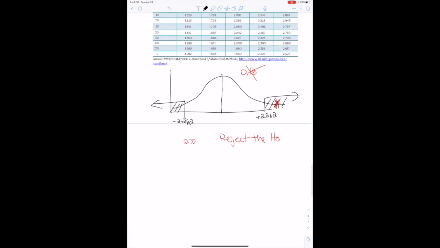Well, what we concluded, y'all, was that our score falls here, that we reject the null hypothesis. What that means is we are going to presume that our alternative hypothesis is true. In this case, that our sample mean does not equal our population mean.